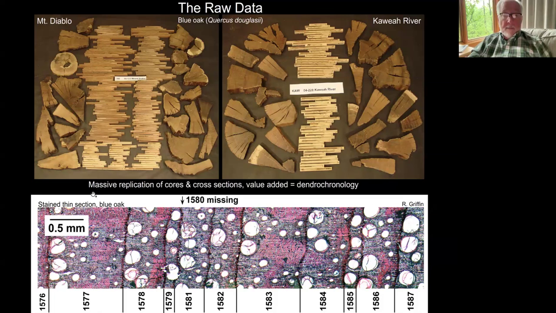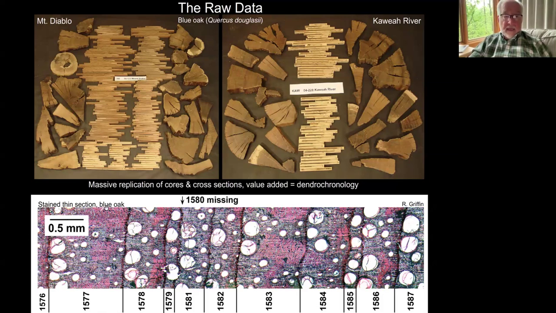That's why we say massive replication. And the value added: if you had a microscope and looked close, you would see needle marks for every decade, and we annotate the dating. So that's the value added to dendrochronology. We've exactly dated all of this.